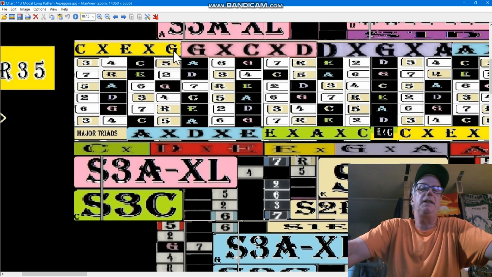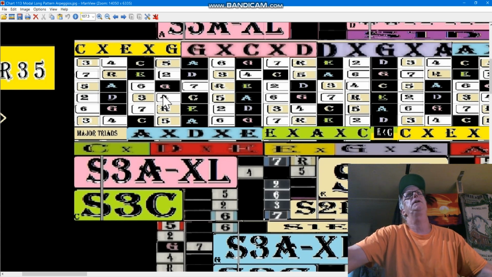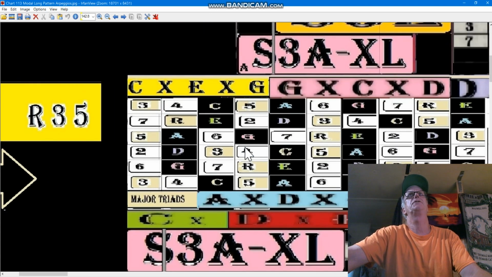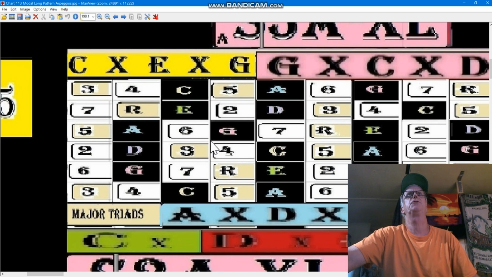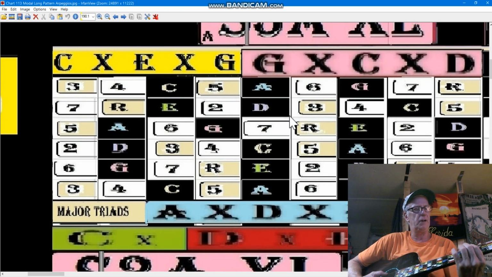Now that's in any key, but we're working in the key of C. So the 4, 6 root is going to be E-shaped. So let's first look at the C. We've done all this stuff before, but now we're doing it with this chart. Let's just look at the C. It's 3, 5.